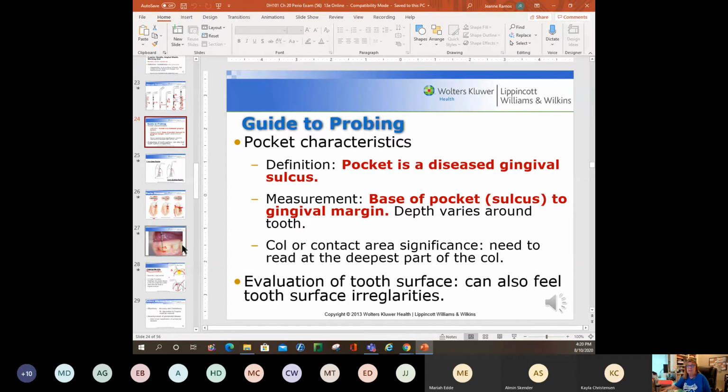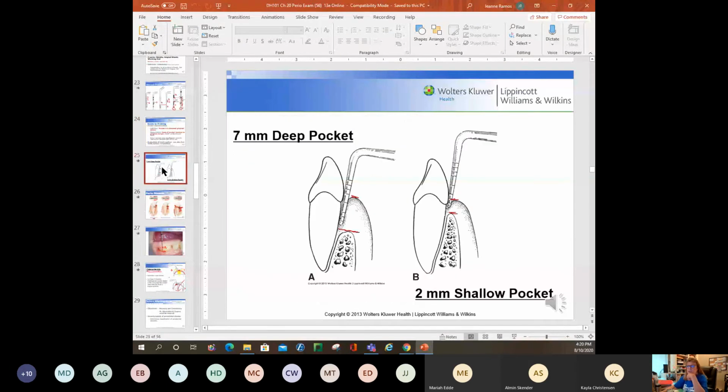You can also feel irregularities, the grooves and bumps and malformations. So this is a 7 millimeter pocket of a diseased tooth A. You can see where the gingival margin is at that top red line, and this is 1, 2, 3, 4, 5, 6, 7. So it's right at, probably in real life, that 7 mark. That would be a 7 millimeter pocket.